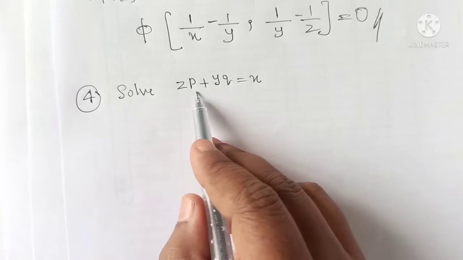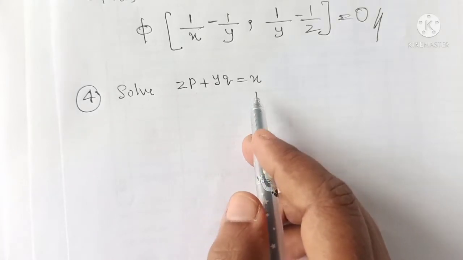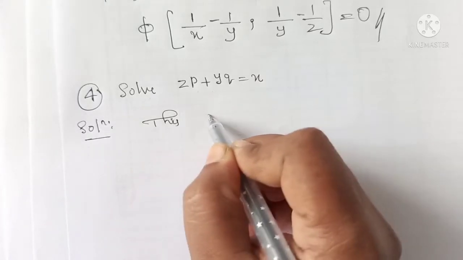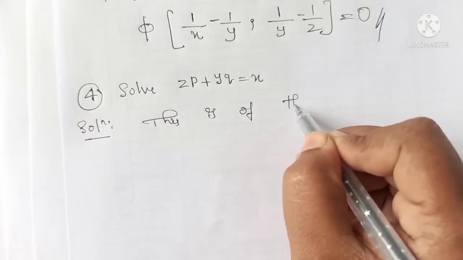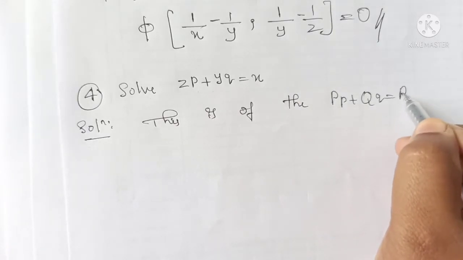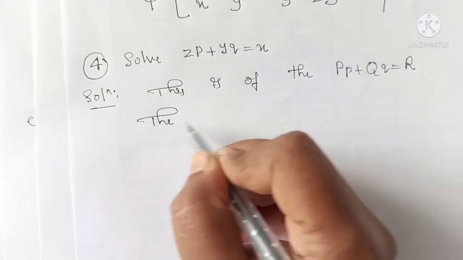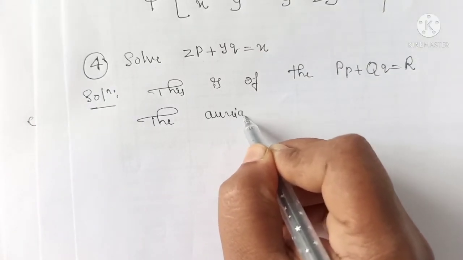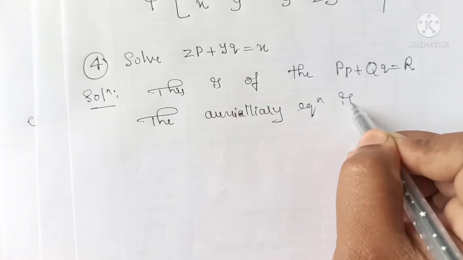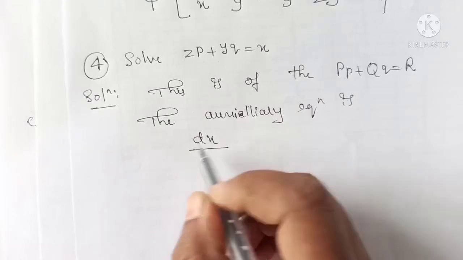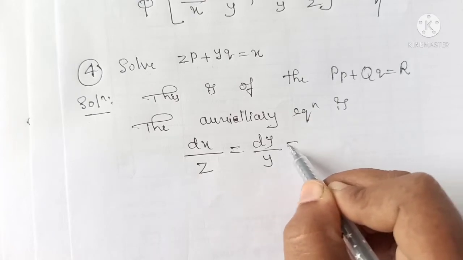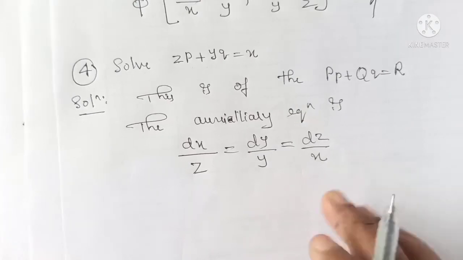Next problem, solve zp plus yq equals x. This is also of the form P into p plus Q into q equals R. The auxiliary equation is dx divided by z, dy divided by y, dz divided by x.